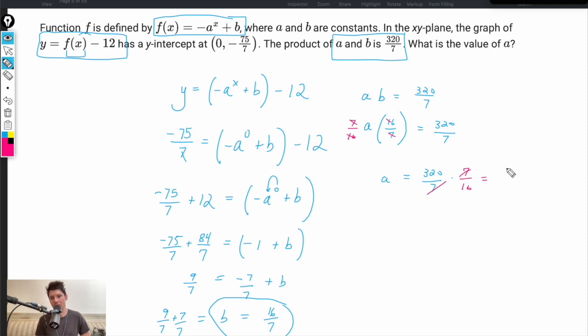And then 320 over 16 is the same as 32 over 16, you could think, times 10 over 1. So 32 over 16 is, of course, just 2 times 10. So this is 20. I know you could do some of that work with your calculator.